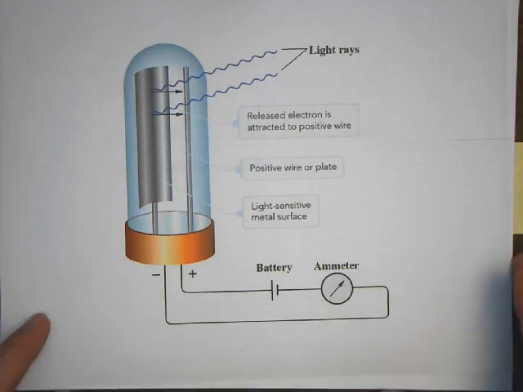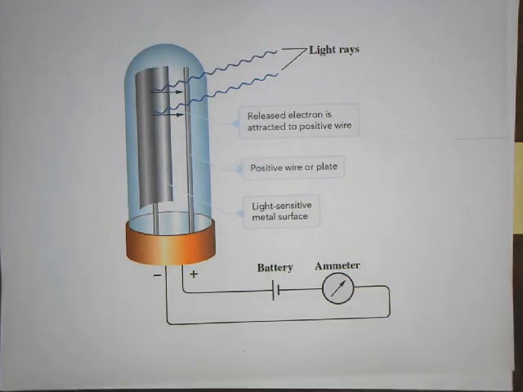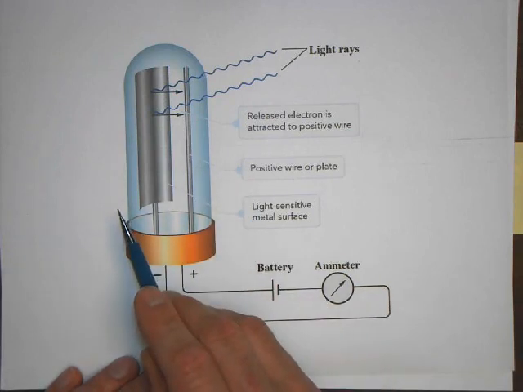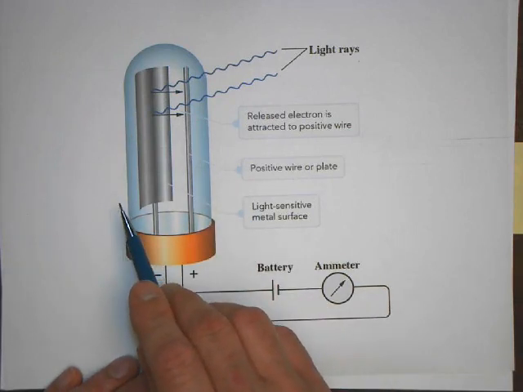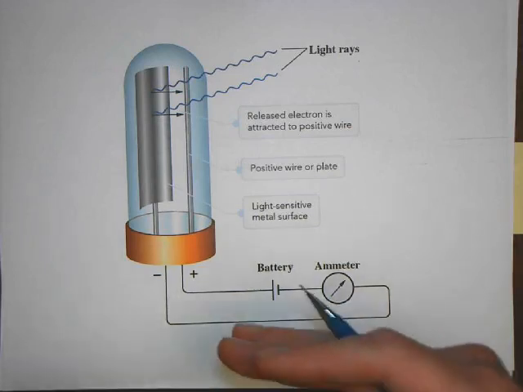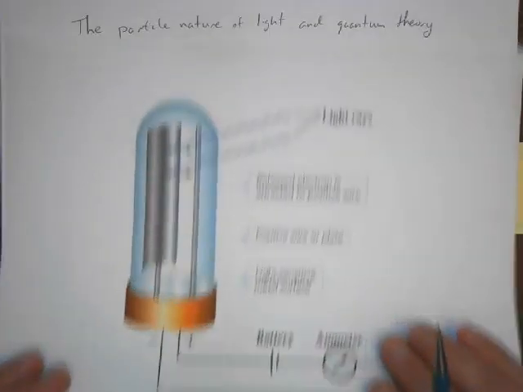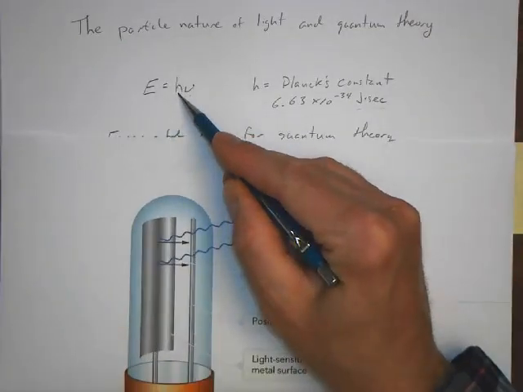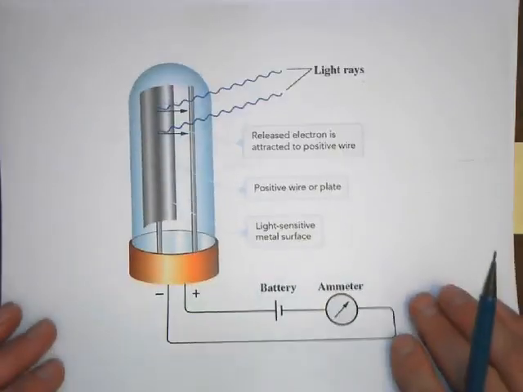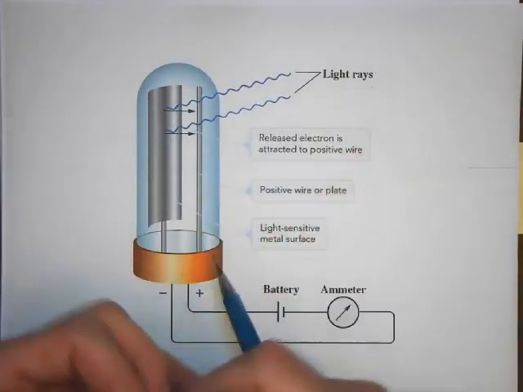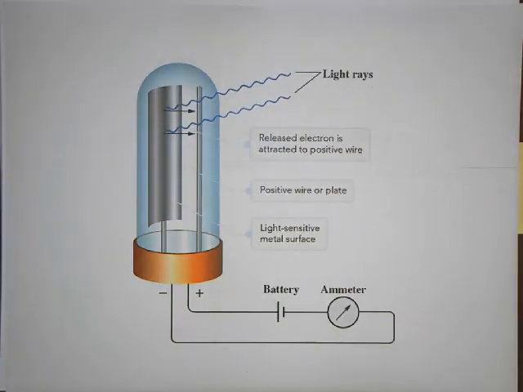The idea is that the energy of a single photon must be large enough to remove an electron from the attractive force of the metal. If the energy of the photon is lower than a certain value, then the electron will not be ejected from the metal.